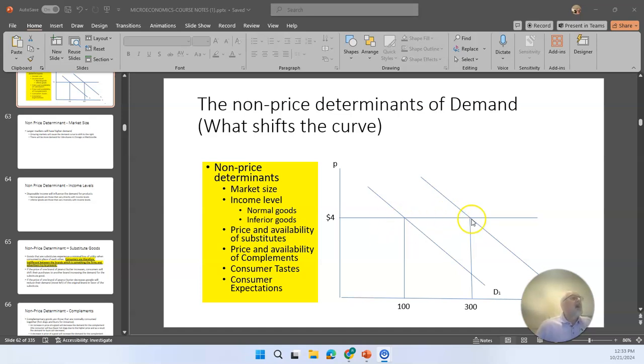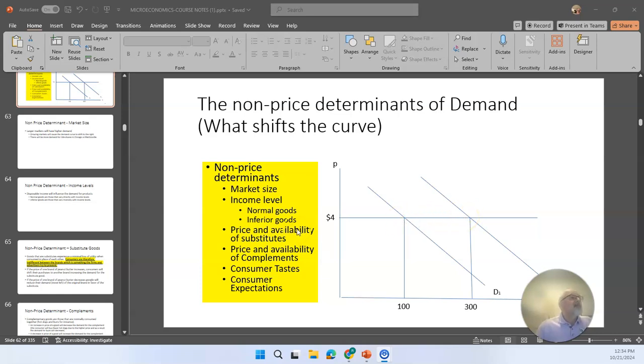Now, what causes that demand curve to shift to the right? Those are what we call the non-price determinants. And those include the number of participants in the market, an individual's income level. So if people start making more money, demand for normal goods will increase, demand for inferior goods will decrease.